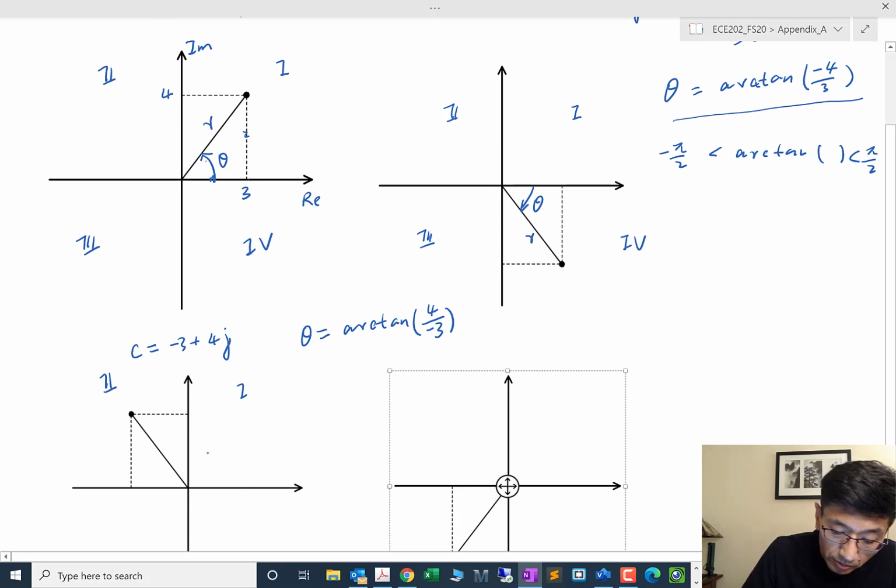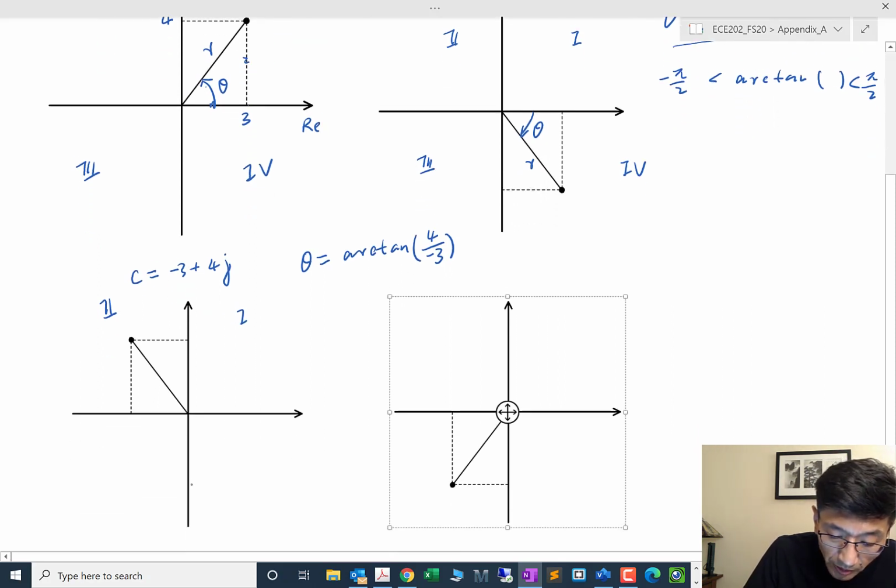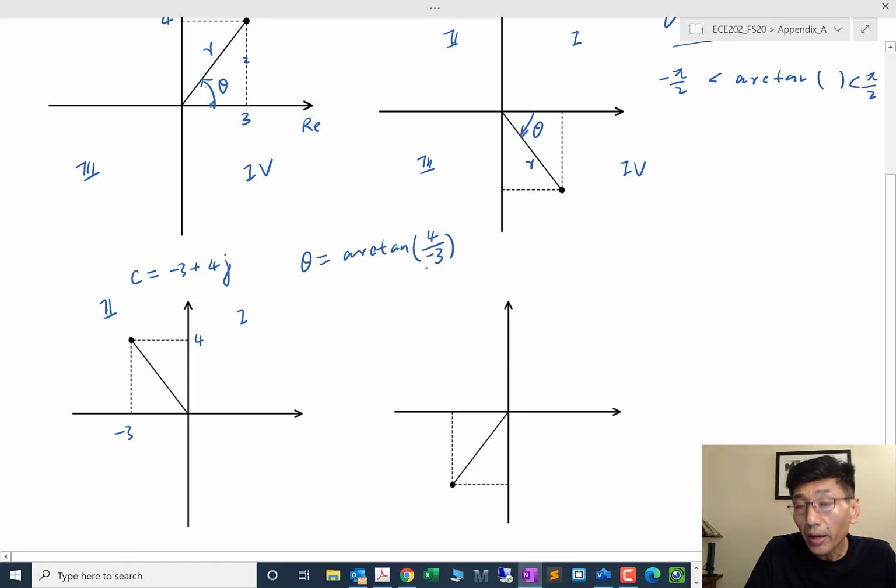Excuse me. So in this case, this is 4, this is negative 3. And if we take arctangent of B over A, you end up with the angle here. That's the negative angle, which is this point, and this point is actually 180 degrees away from the one we want, right?